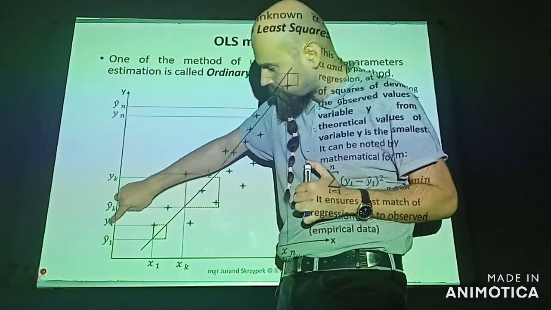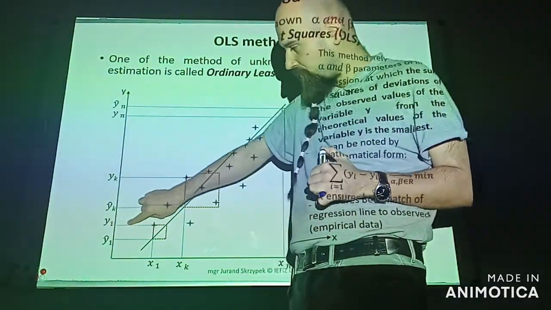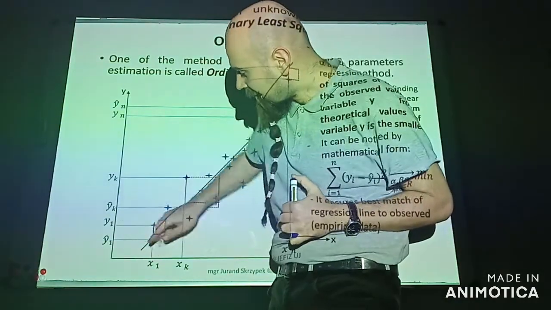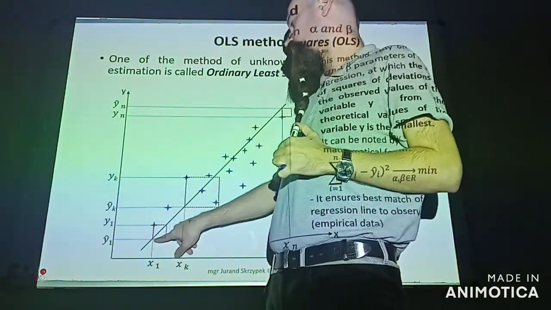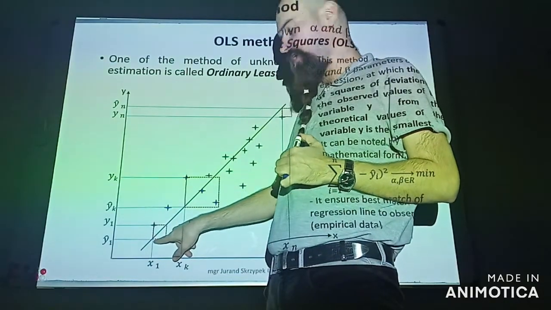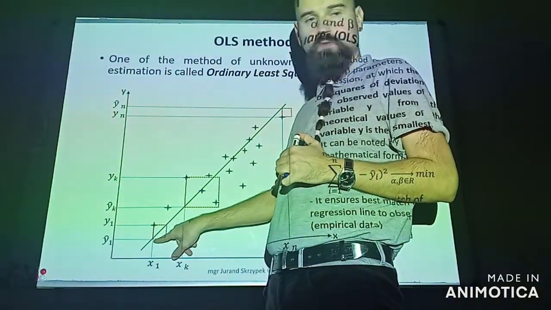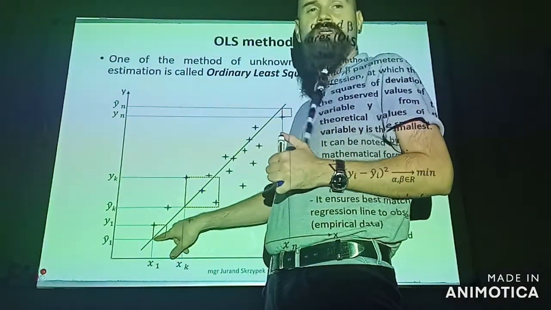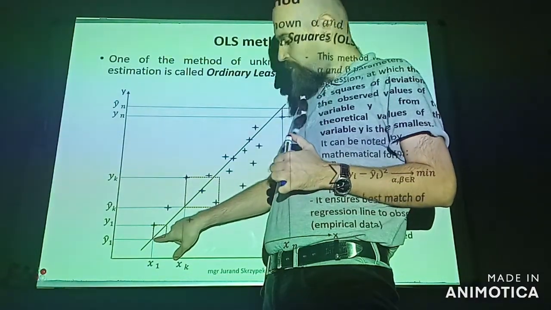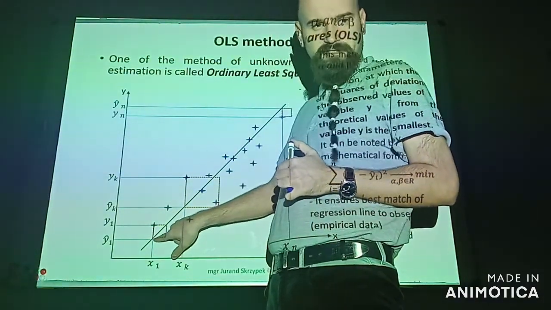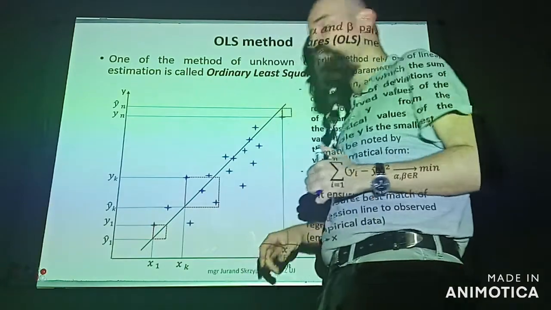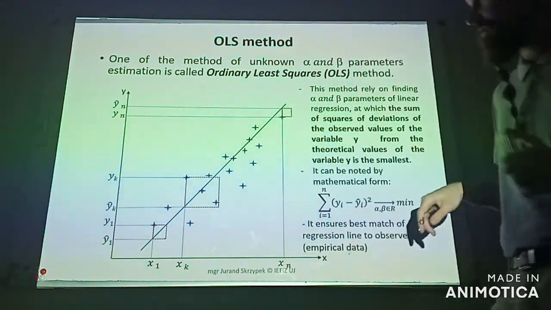This is the real empirical value of y1. And I can also indicate the theoretical value of y1. It lies exactly on the straight line. Alright, this is the first step.